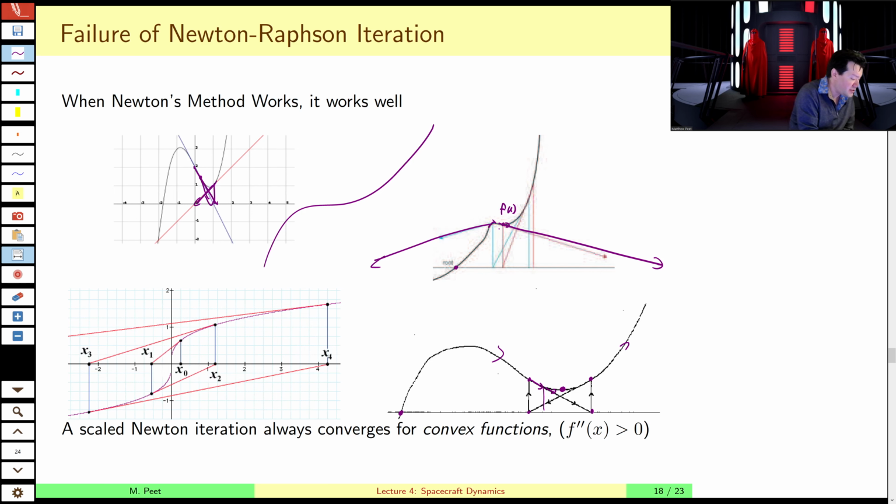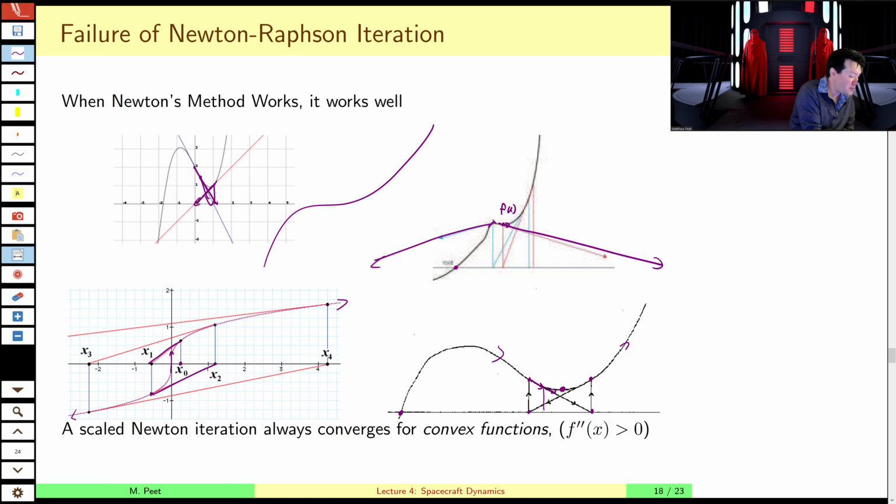Here's another illustration where it is monotone, but the problem is a little bit different in that the derivative of the function is actually quite high at the origin and then tapers off. So this is a different kind of problem. Here's our initial guess, and this slope is low, so it sends us farther out, and then we get another slope, and that sends us even farther out.